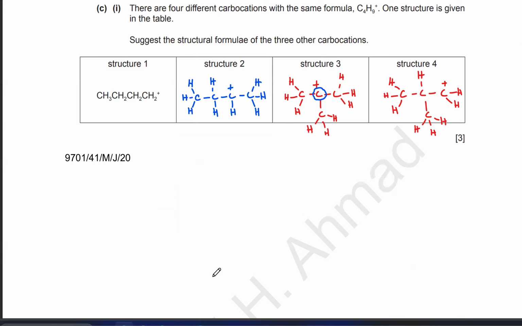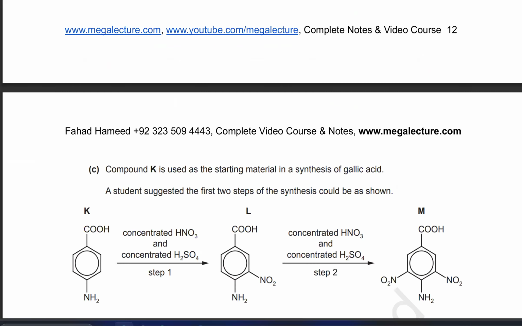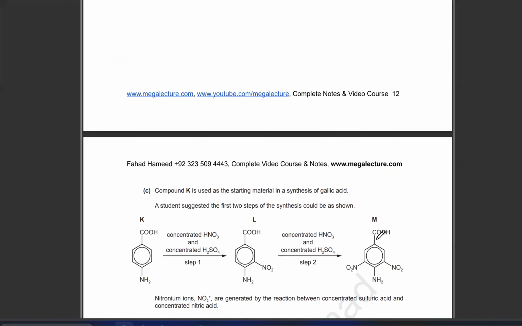Because of more electron donating alkyl chains, the positive charge density is going to be very, very low. And the most unstable one, so this one is a tertiary carbocation. This one I think is a 2-degree carbocation, a secondary one. This is a first degree primary carbocation, and this one is also a primary carbocation, right? So these two are the ones that are unstable. They're the ones that are more difficult to form. Okay, clear? Yes, yes, sir.